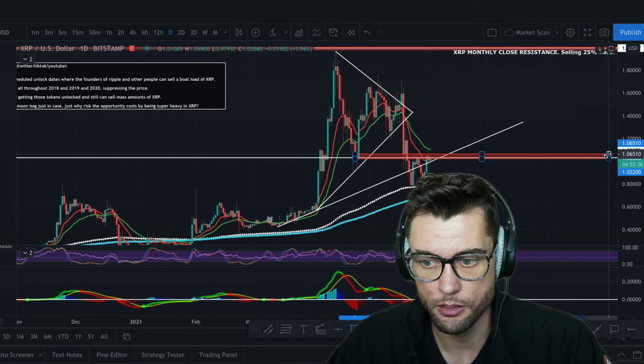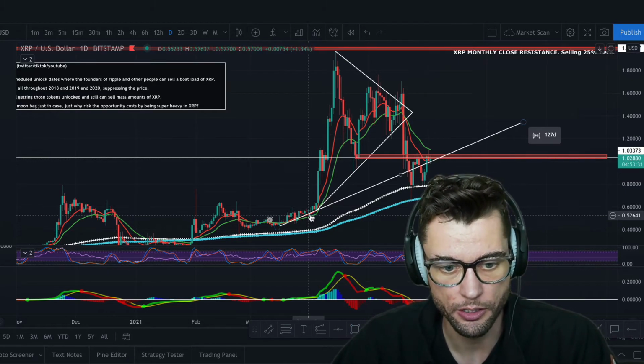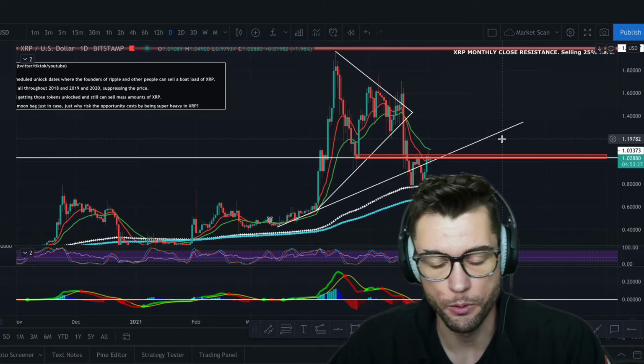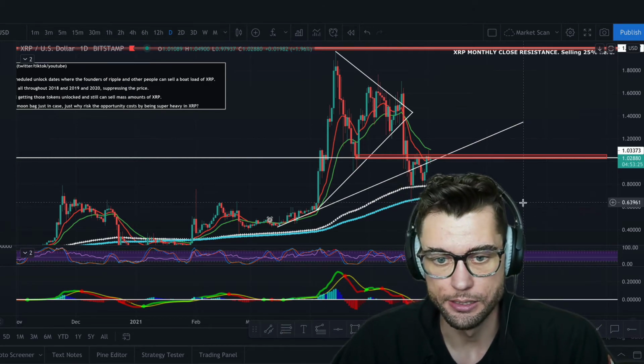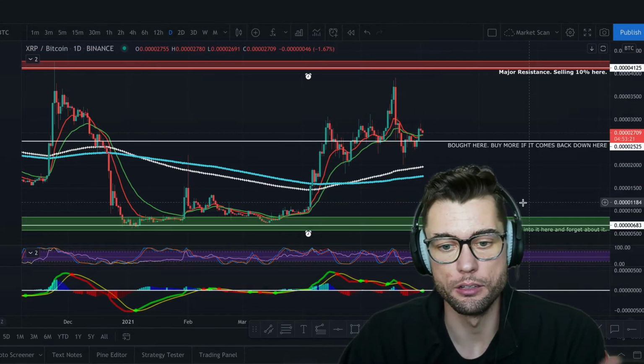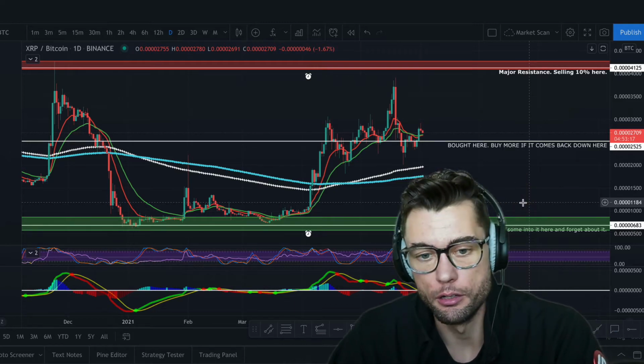XRP is sort of at resistance as well, but it also came up above this diagonal support. So there are a couple of ways you could think about it. It's either long or short.